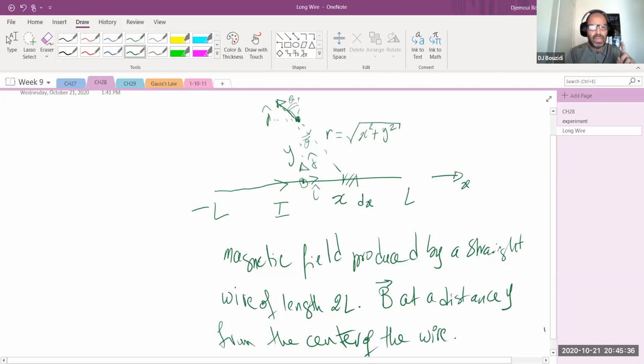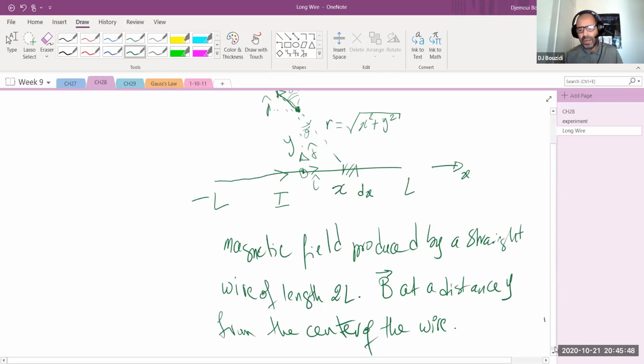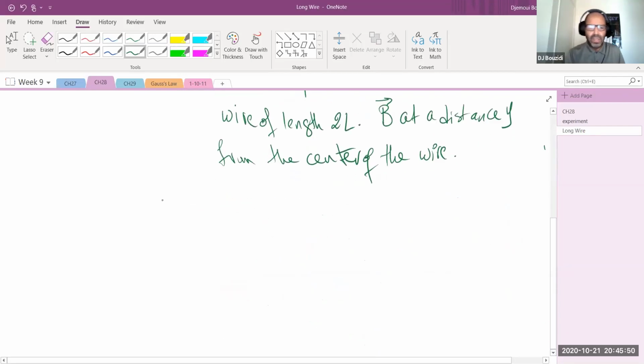And in the y direction, it's the adjacent to theta, so it's cosine theta times the length of the unit vector, which is 1. The vector r hat has these components: minus sine theta in the x direction, cosine theta in the y direction, and no component in the z direction.